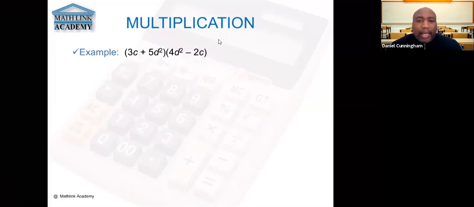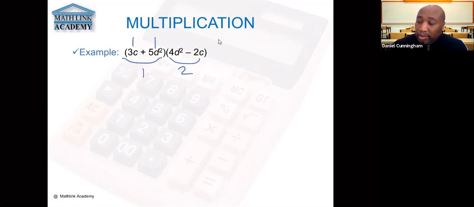Let's look at our last type of multiplication. In this one, we want to multiply 2 expressions, and each of the expressions has 2 terms. Now, there's a unique way to do this, so this is very important. You try this: 2 expressions, expression 1 and expression 2, and each of these expressions has 2 terms.